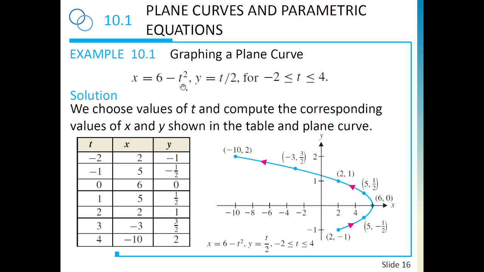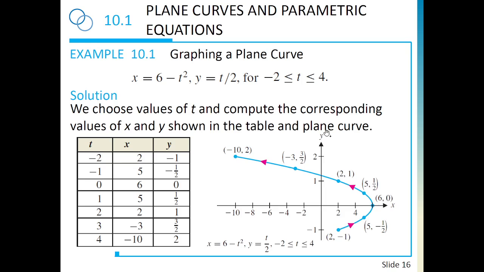For -1, we plug it here, so 6 minus 1 is 5, and then here -1 over 2. So that's a point here. Immediately, as soon as I have 2 points, the point corresponding to -2 and the point corresponding to -1, I can know the direction of movement. So essentially, with 2 points following the movement, I know how the curve works.